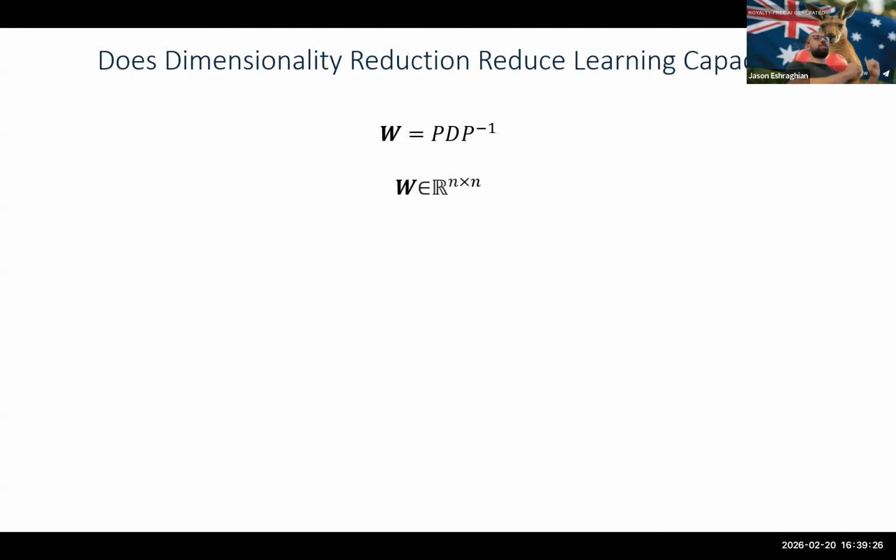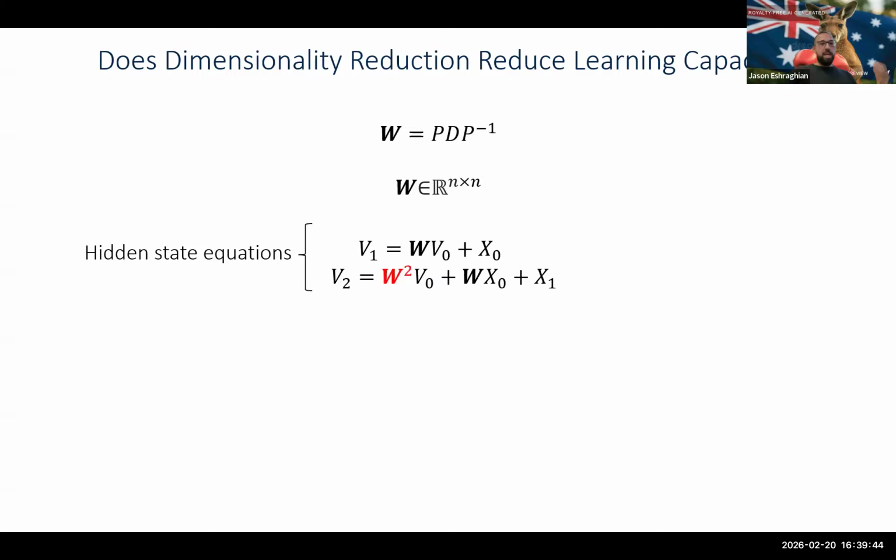Let's take my dense matrix W and assume that all, or most, matrices can be diagonalized using whatever diagonalization technique you prefer, singular value decomposition, whatever. That's going to be represented as PDP inverse.